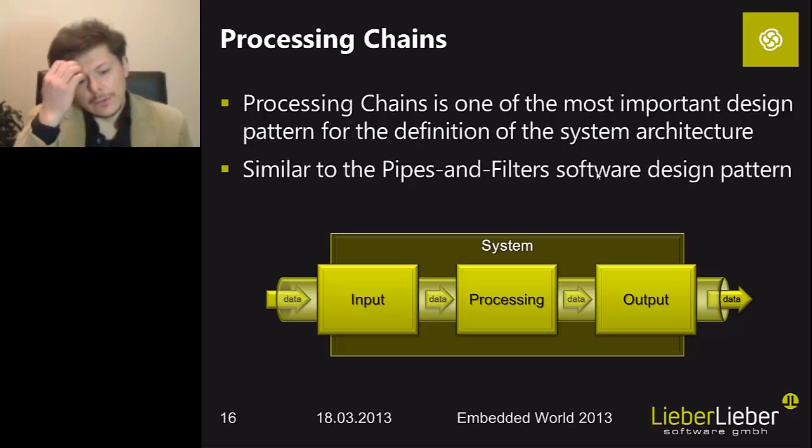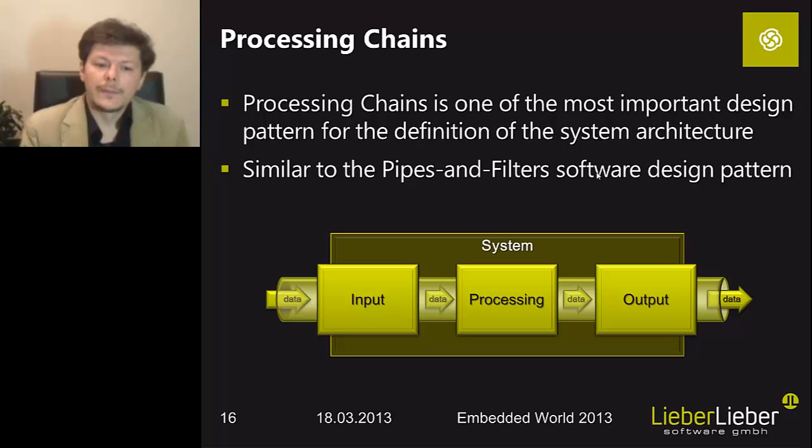Every system has an input and an output, and in between there is a kind of processing. So we have data on the input side, and we have a part of input processing. Then, depending on the system complexity, more or less complex application logic in between, and then output processing.